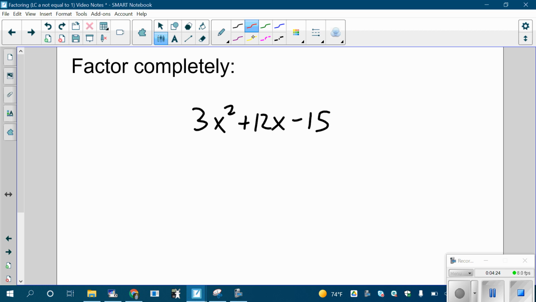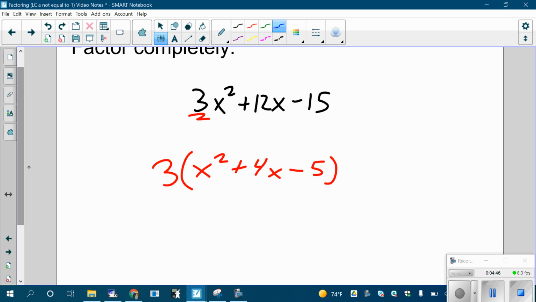3x squared plus 12x minus 15. This one's actually easy. Why is this easy? Well, it's got a leading coefficient of 3, but I can take out a GCF. Awesome. Cool. So just because you have a leading coefficient doesn't mean it's necessarily going to be that harder factoring, if that leading coefficient can be taken out as a GCF.